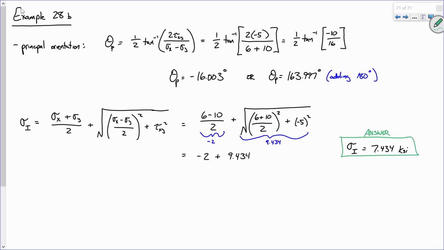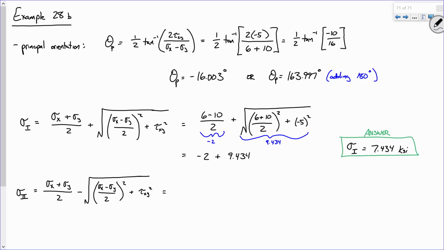All right. Here's why I wanted to compute it separately like this. If you do sigma sub 2, the difference is just that plus or minus, okay? Sigma x plus sigma y over 2 minus the square root of (sigma x minus sigma y over 2) squared plus tau xy squared.